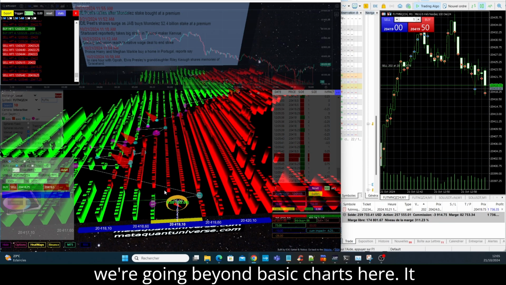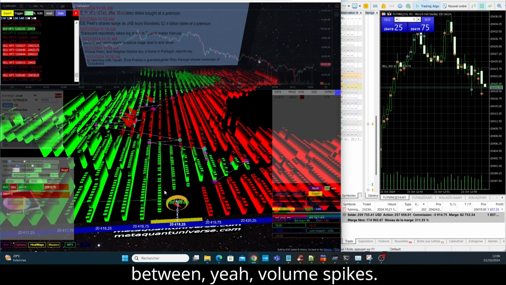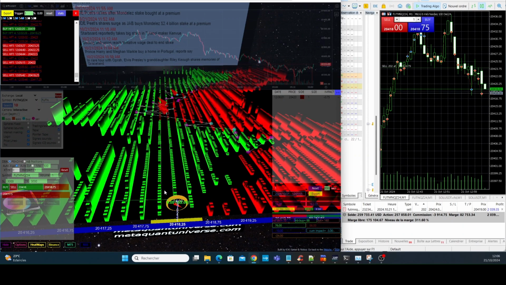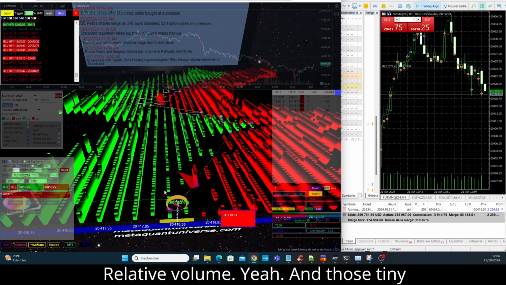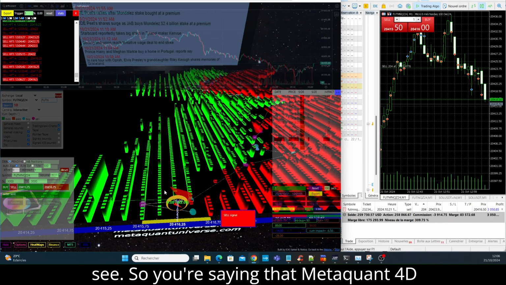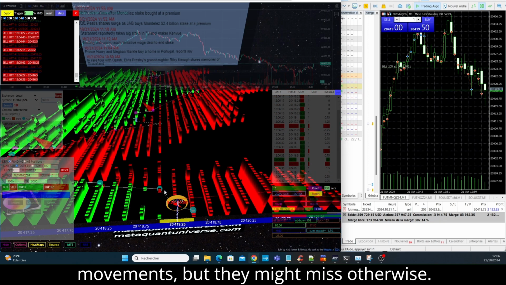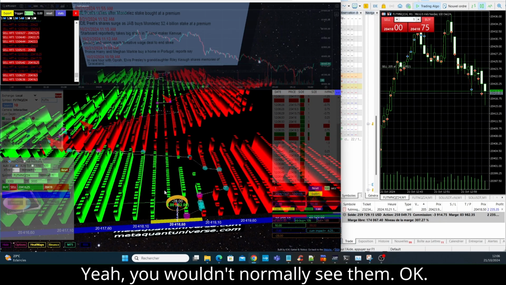Because we're going beyond basic charts here. It lets you see the direct correlation between volume spikes, relative volume, and those tiny price movements that scalpers live for. So MetaQuant 4D helps us see those really small movements that we might miss otherwise. Exactly. You're seeing patterns you wouldn't normally see.